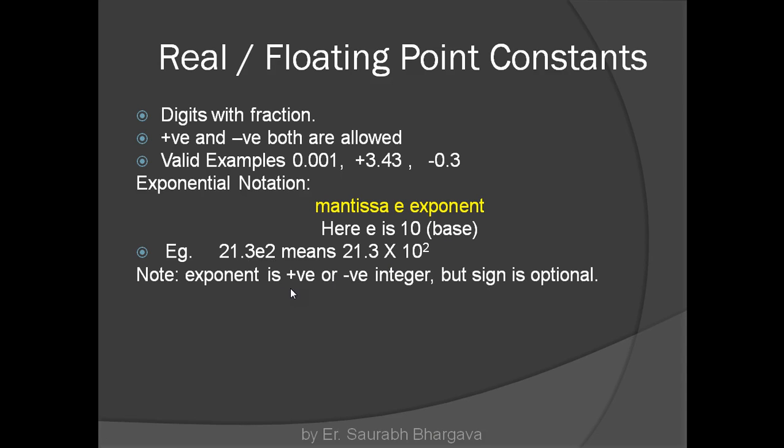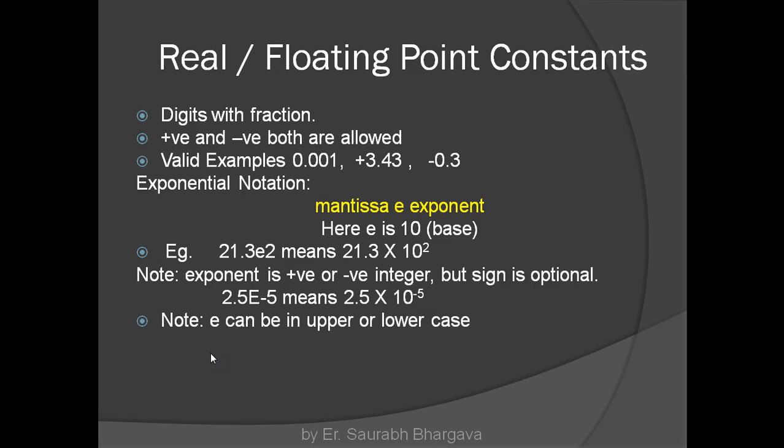Exponent is a positive or negative integer, but the sign is optional. So by default it is positive. For example, 2.5e-5 means 2.5 multiplied with 10 to the power minus 5, that is the exponent.